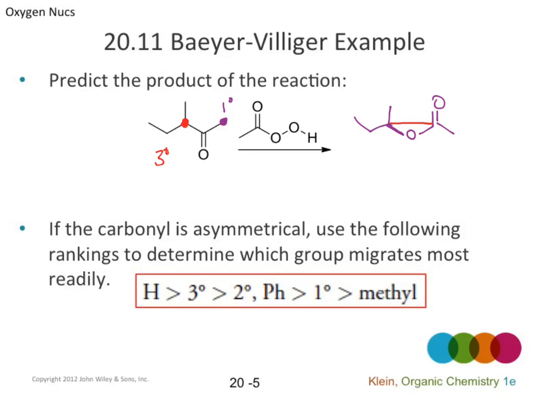That was our shift. So we shifted that R group from our carbonyl carbon to the oxygen. So Baeyer-Villiger, we make esters. That's what you really need to get out of that. Questions?